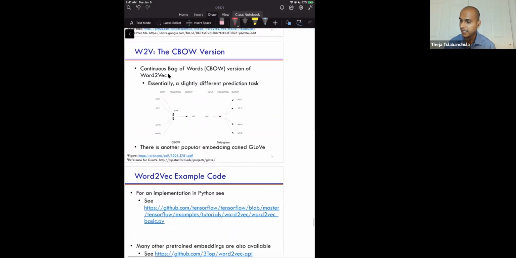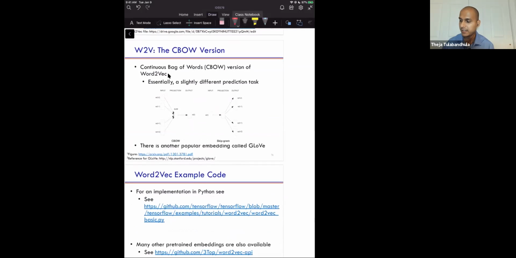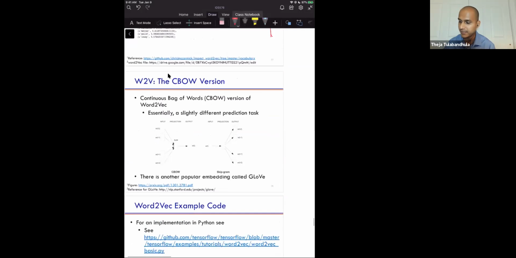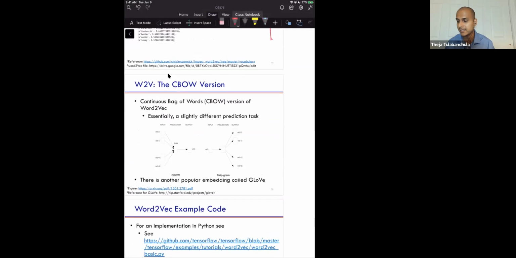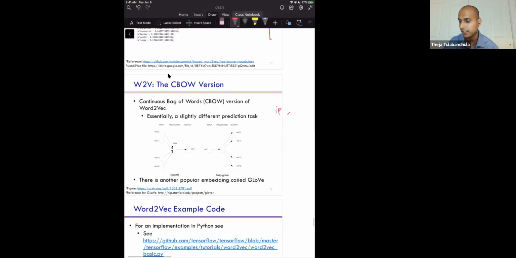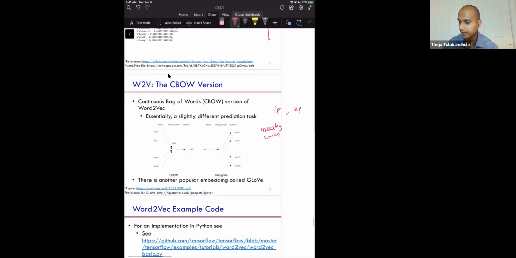I will skip the continuous bag of words representation, but it's just one slide, so let me explain what the slightly different task is. Here, the classification input and output are the only thing that changes. The input is going to be the nearby words, the 4 nearby words, and the output is predicting the one word for which these are the nearby words.